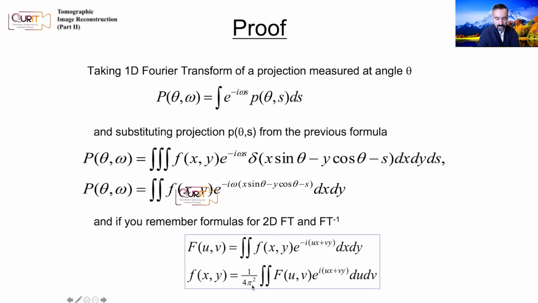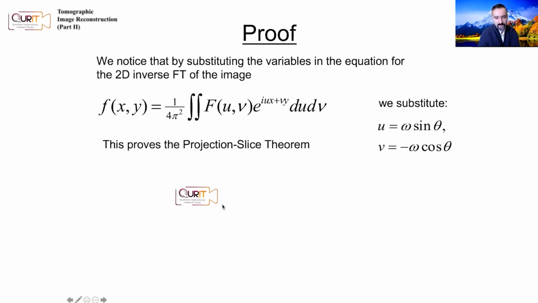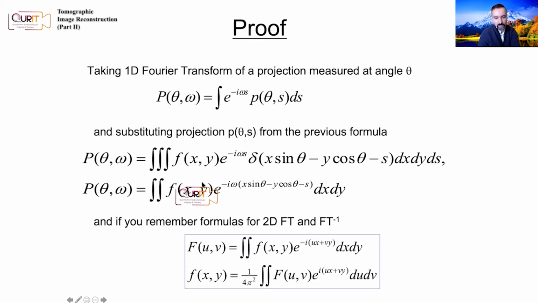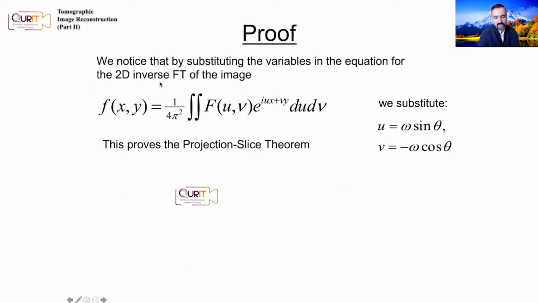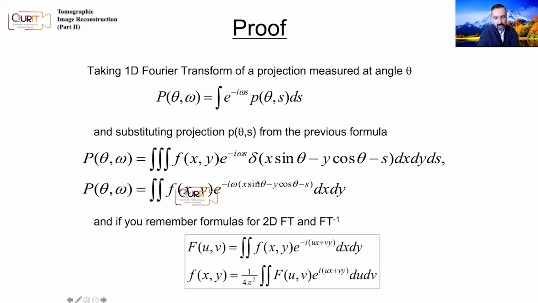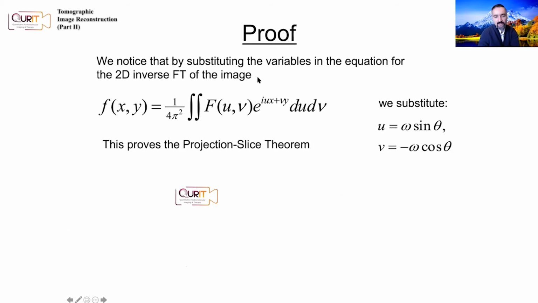Sometimes people don't put the 4 pi squared here. They put instead a 2 pi here and a 2 pi here. It's effectively the same. You go through the math, and you can prove that by substituting the variables, you arrive at this.